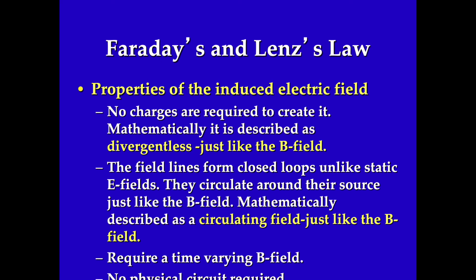They circulate around the source, just like the magnetic field. They do require a time-varying magnetic field, and no physical circuit is required. Again, the loop only provides a path for electrons to move through it. And so in the case where the magnetic field depends on time, the induced electric field is present even in the absence of any circuit.